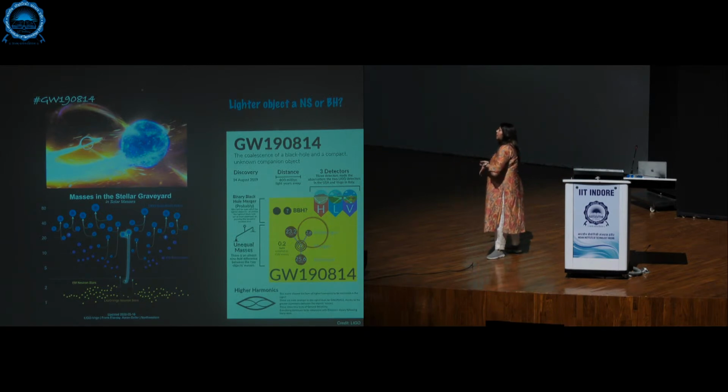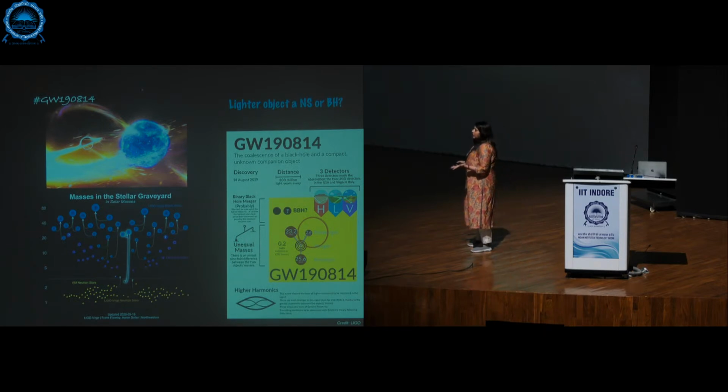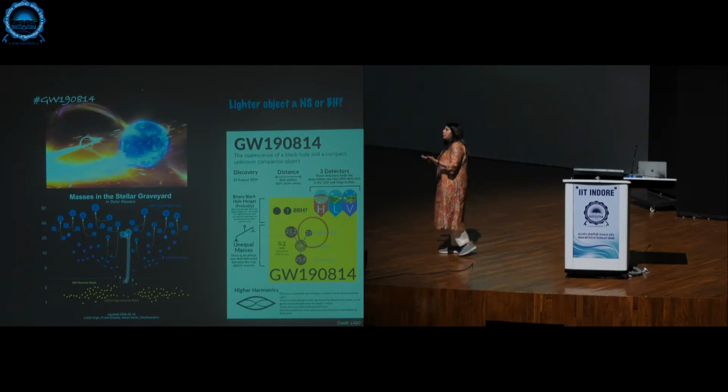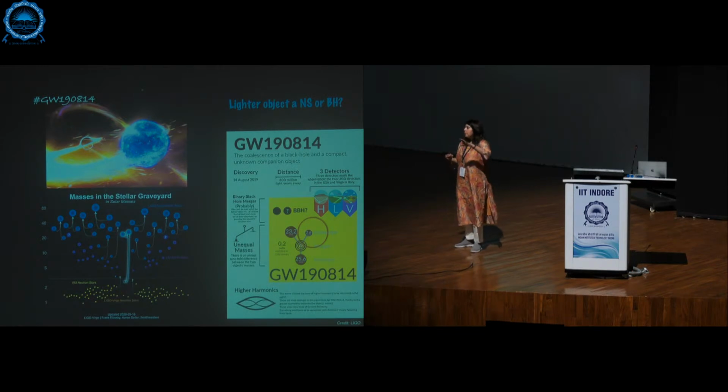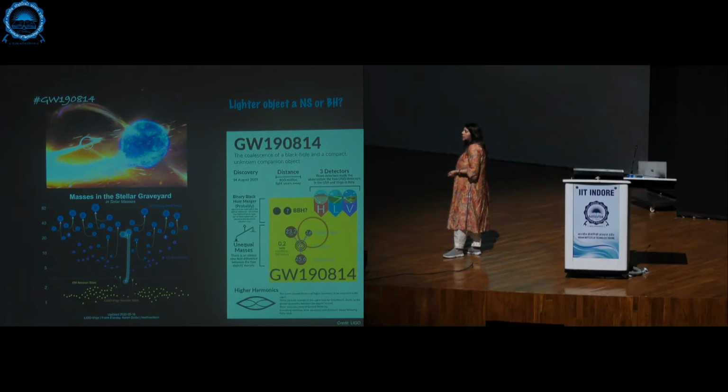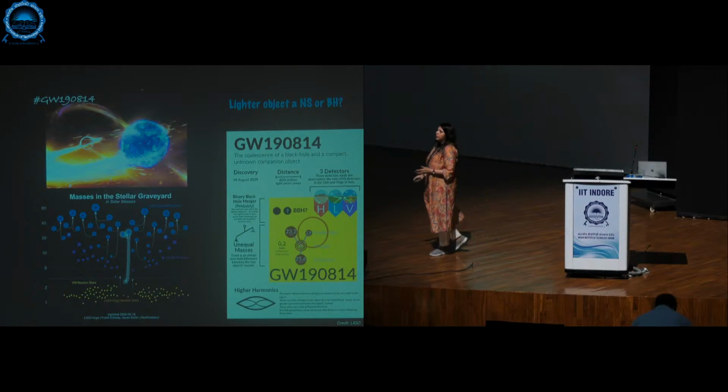So you can see there are now more and more observations that are taking us by surprise, because of course we wanted to detect the most massive neutron star, which puts a limit on equation of state models, but already we are reaching the frontier where the mass gap between neutron stars and black holes is getting shorter. So this is sparking a debate as to whether such objects would be a black hole or a neutron star.